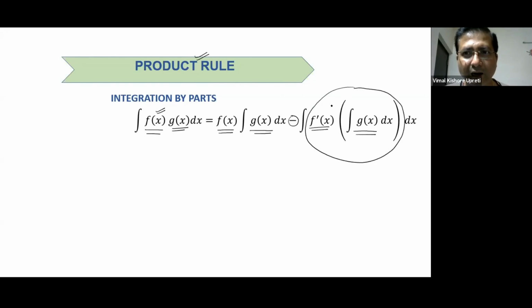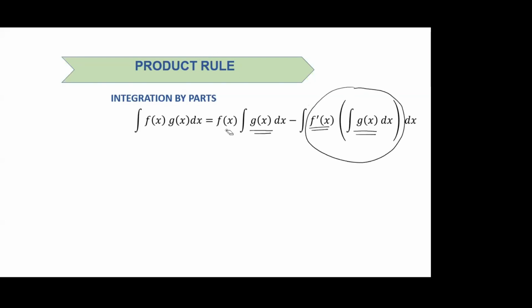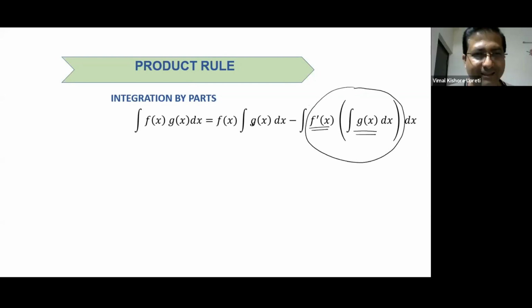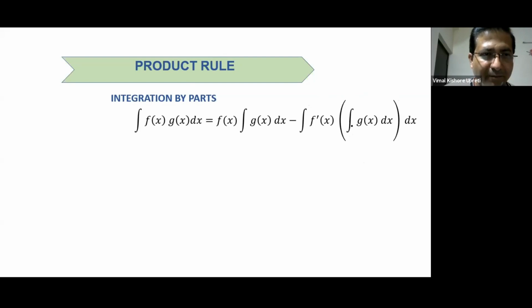And then whatever comes in the final expression, we again need to integrate. I can understand that this formula seems very big for you right now. Sir, once again, can you explain? I'll explain with an example. For the time being, just look at the formula.